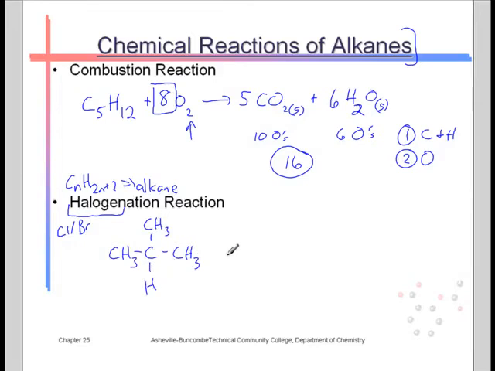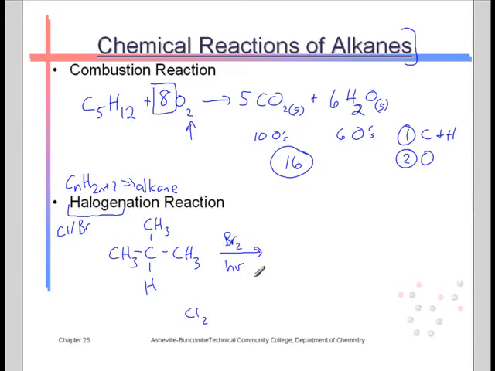And then the reaction that you see for the halogens, I'm going to do bromine here, but everything I say about molecular bromine can also be applied to molecular chlorine. So either one of these reagents will work for this halogenation reaction, and the same thing can be said for the alkenes as well on the next slide.